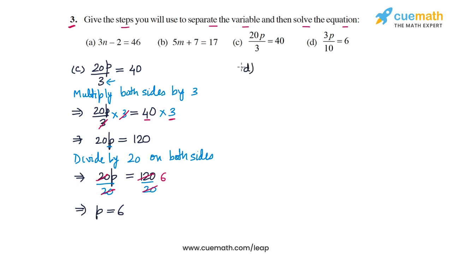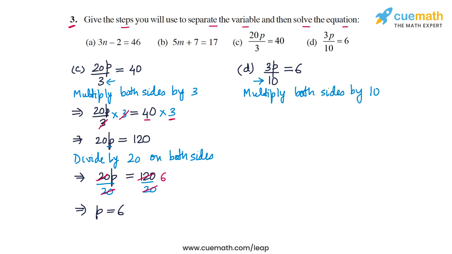Finally, we are now going to do part D. In part D, the equation is 3p by 10 is equal to 6. This equation is kind of similar to the one in part C. We have this 10 in the denominator. Let's first get rid of this 10 by multiplying both sides by 10.